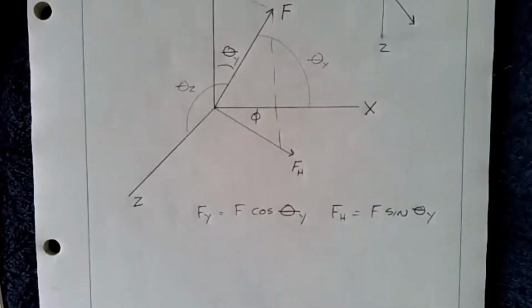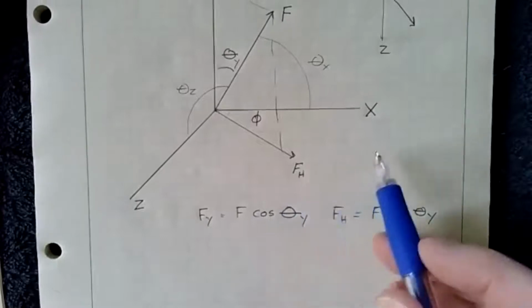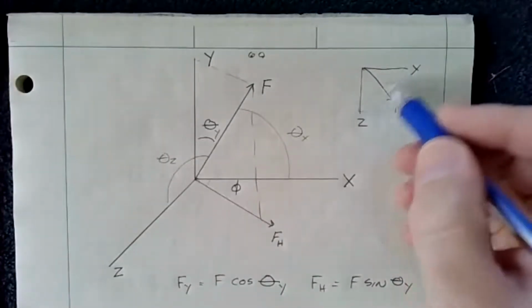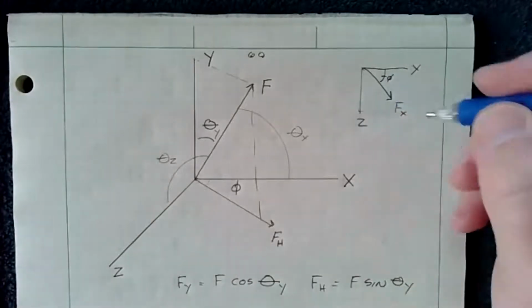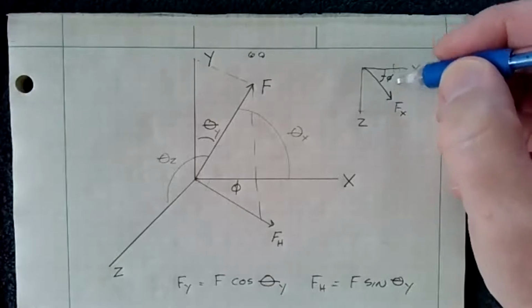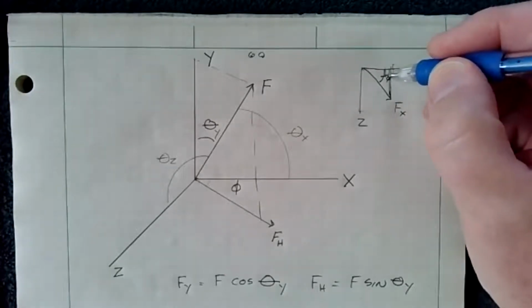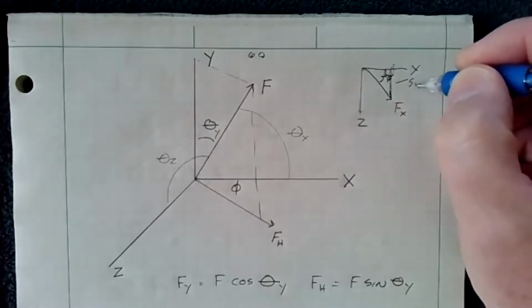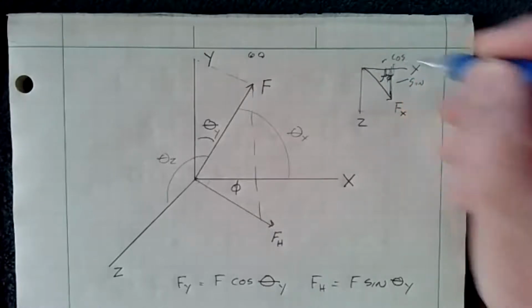Now, once we have FH defined, because FH is in the XZ plane, and this angle here is phi, then if we draw this line here, and that's my 90 degrees, what's this side? This is sine, and this side is cosine.